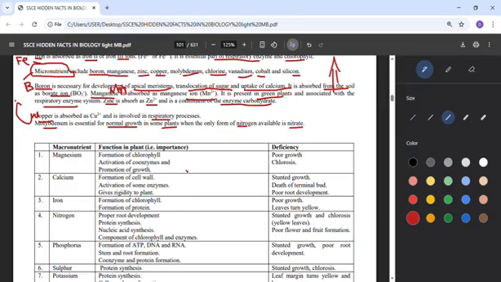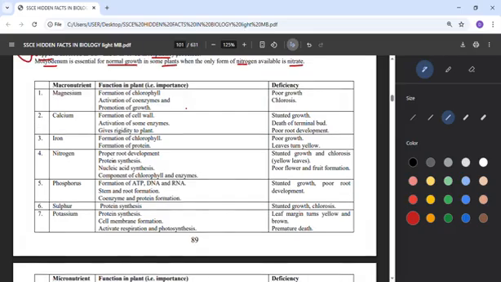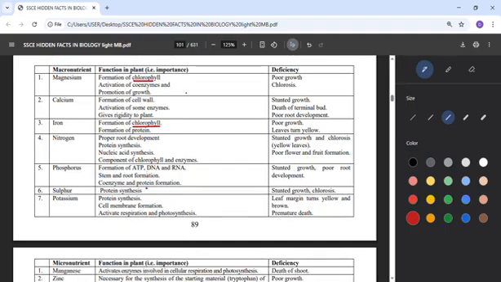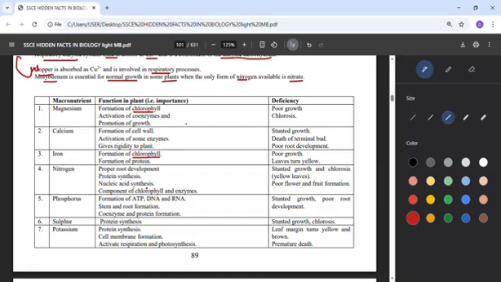So here we have seen macro and micronutrients. The functions are arranged here on this table. For magnesium, take note, chlorophyll. Also iron, chlorophyll. Those that are for chlorophyll, like I said, you can use SKIM to remember. The S is for sulfur, the K is potassium.